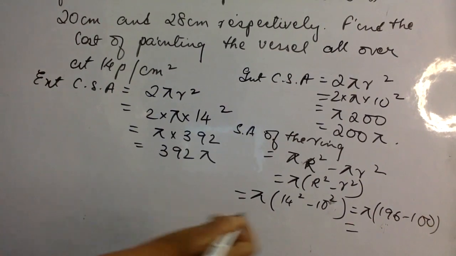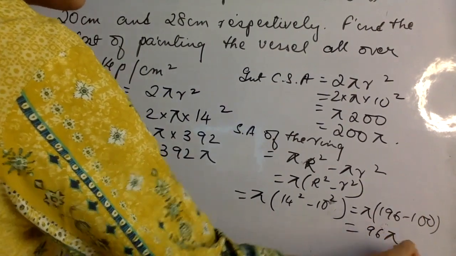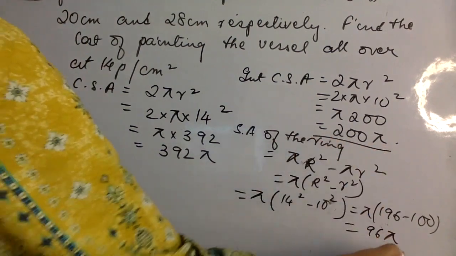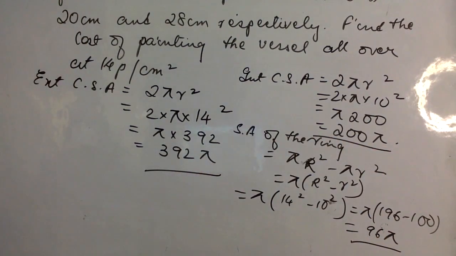It comes to 96 pi. So we'll leave the sum. Now these are our three answers, all three surface areas. Okay, what we are going to do now is add these three and that will give us the total area.